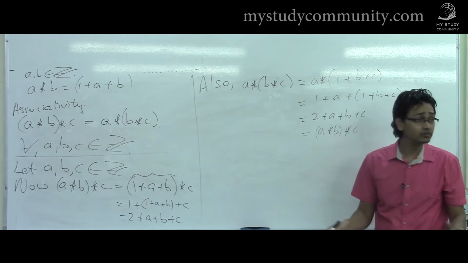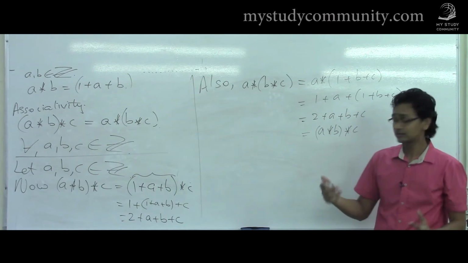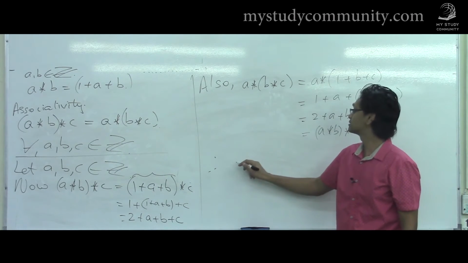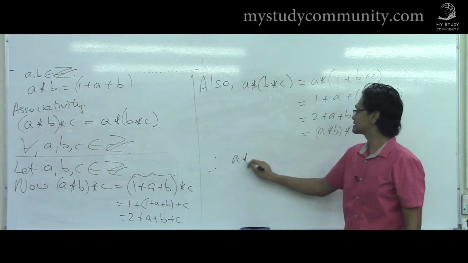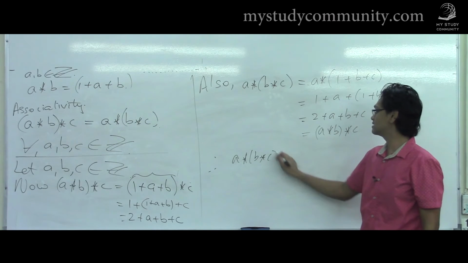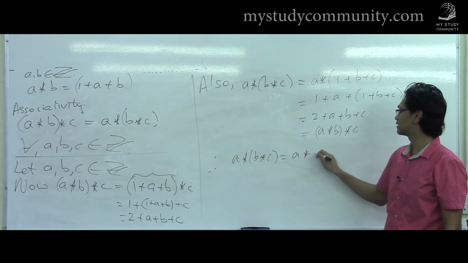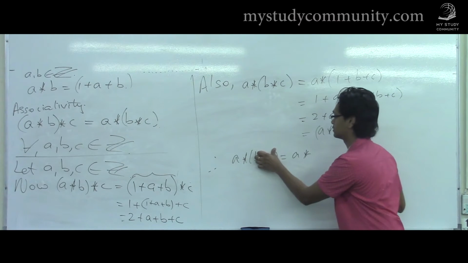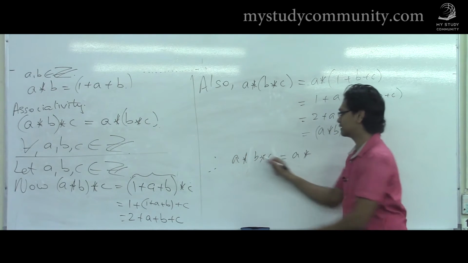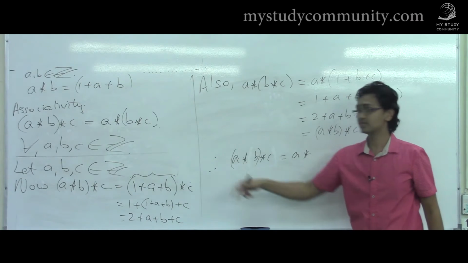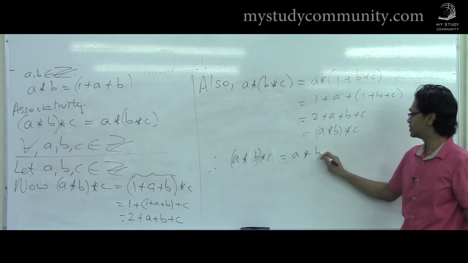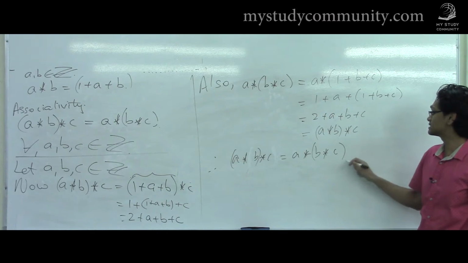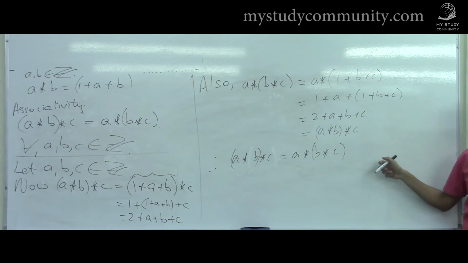And then you conclude, please conclude, make it look nice. Therefore, hence, A star B star C equals A star B star C. Again, it would not matter, right? But I'm just using the same format. And then I must have this for all.